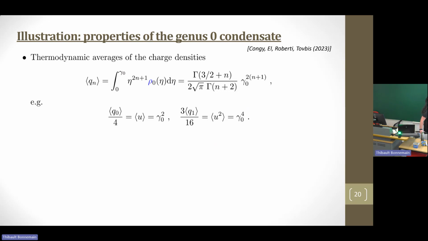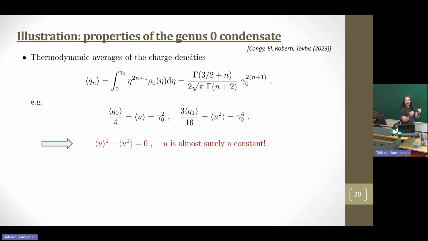And for the genus zero condensate, you see something interesting here, because the first charge is proportional to the field, the second charge is proportional to the field squared, and here you can see that the average of the field squared is just the square of the average of the field, which means that at the genus zero condensate, the variance is zero, which implies that the solution is almost surely constant, even though you have the stochastic nature of the soliton gas.